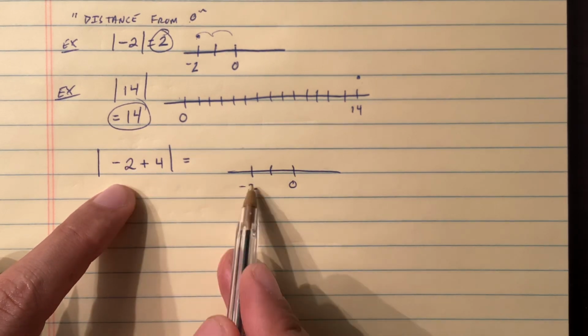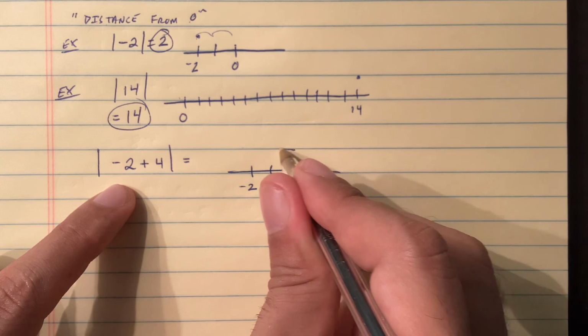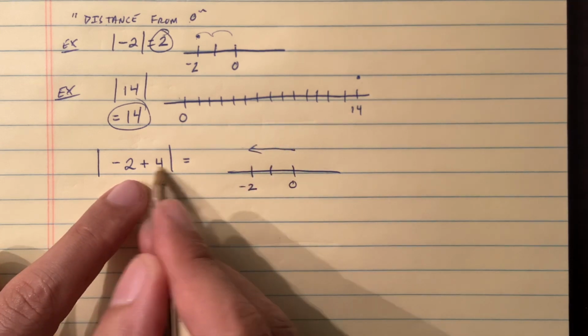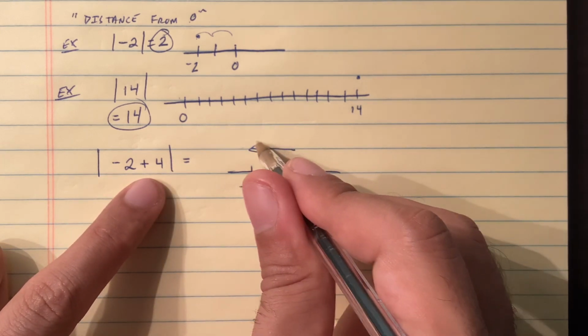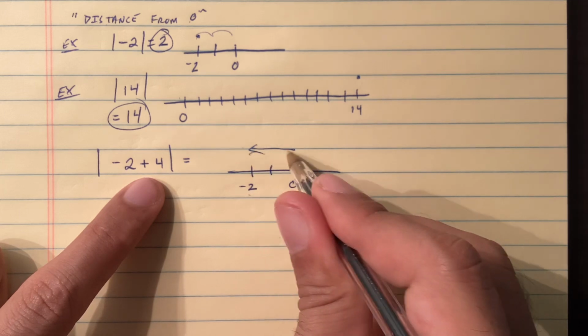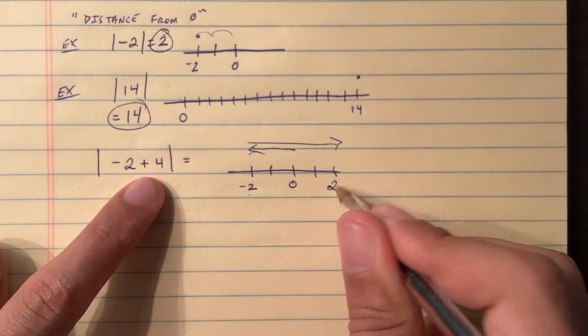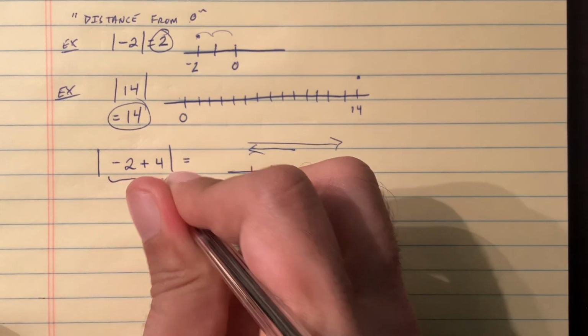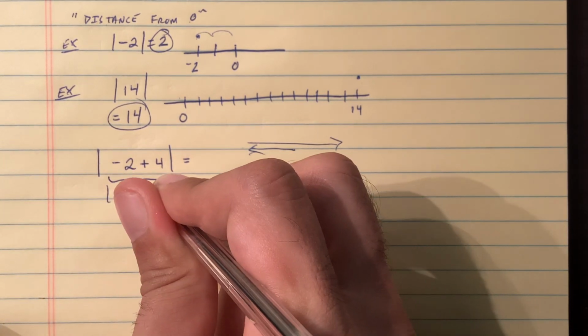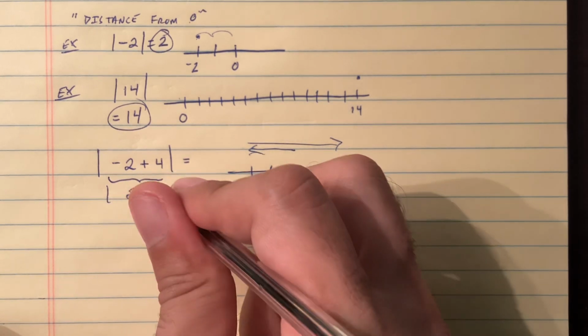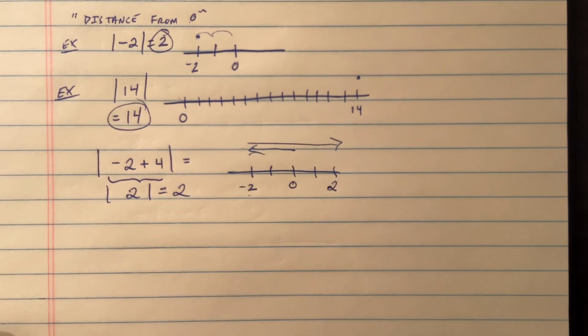We're going to start with -2, and then because positive is to the right, we're going to go 4 to the right. So 1, 2, 3, 4. So the inside simplifies to +2. And now the absolute value of +2 is just 2.